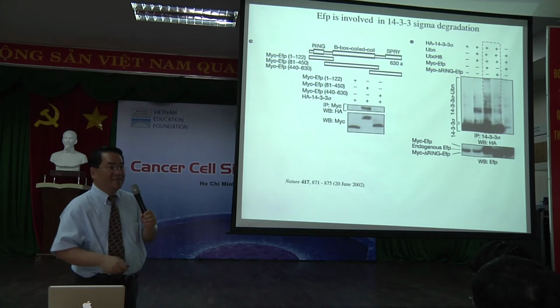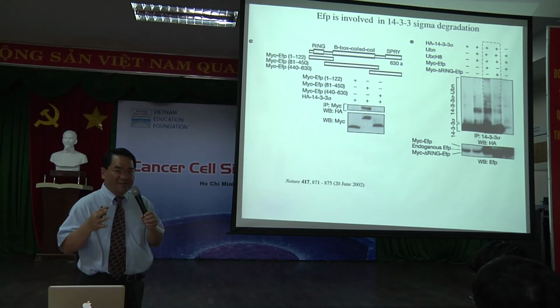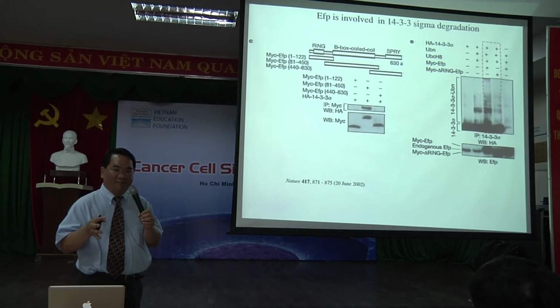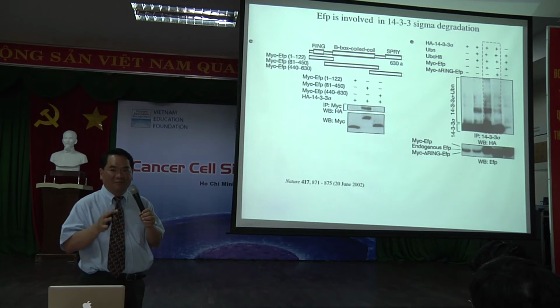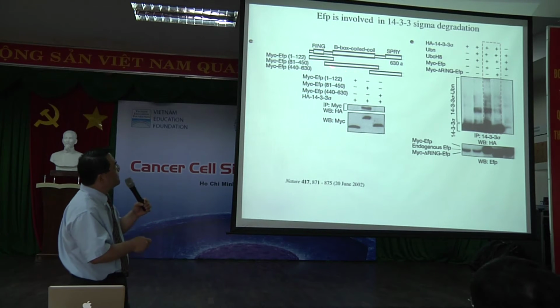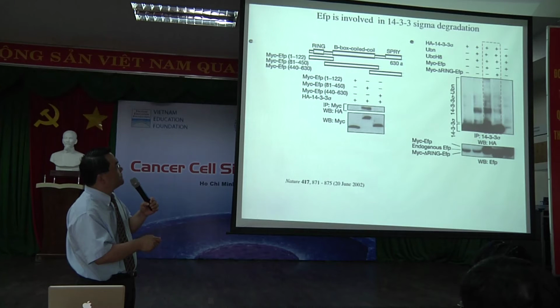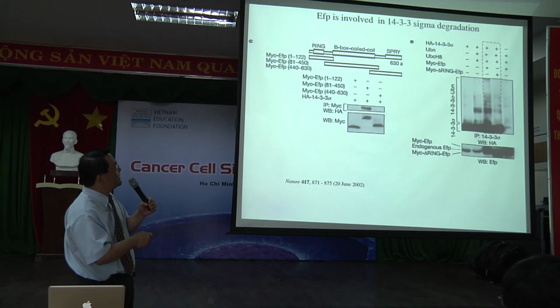14-3-3 sigma, even though it regulates the cell cycle, is itself also a substrate of ubiquitination. Okay, the E3 ligase for 14-3-3 sigma is called EFP. Again, this is a RING domain containing protein. There's a RING here.